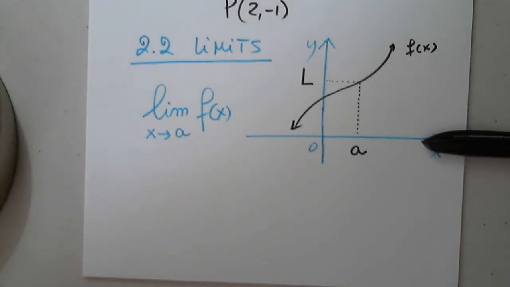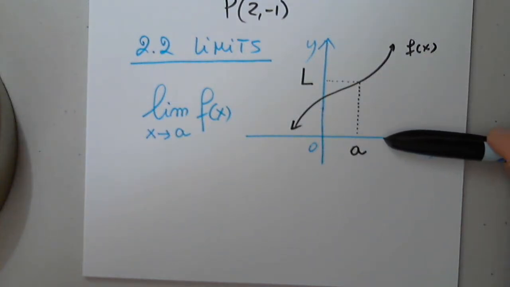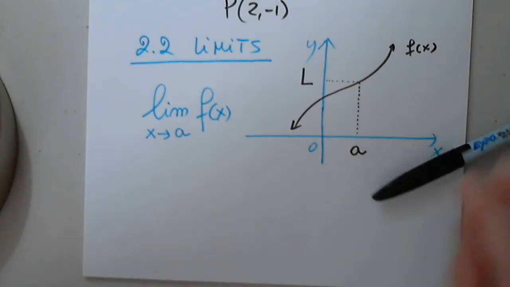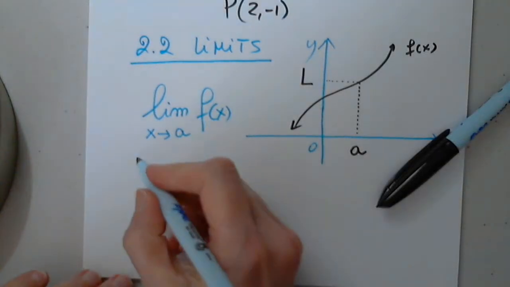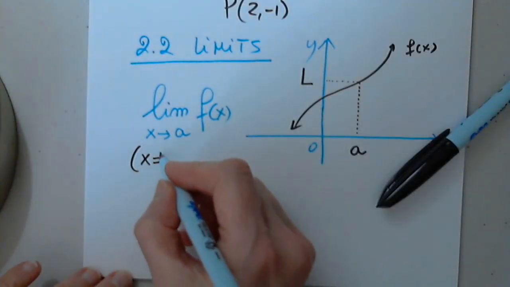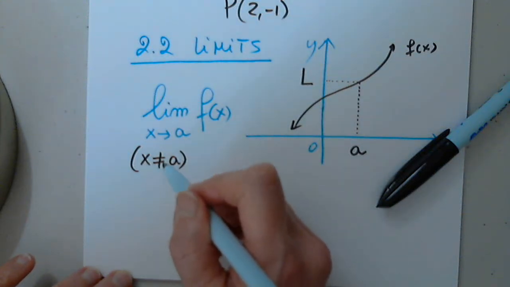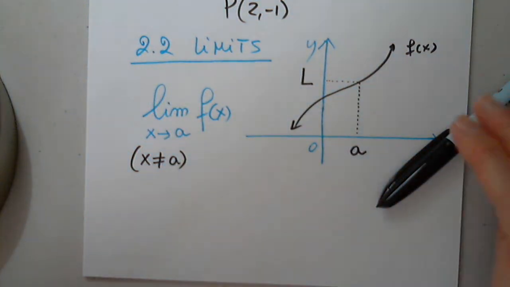Okay, so let's say I come from the right-hand side of A with numbers greater than A. So I come closer and closer and closer to A. Obviously this is very clear, we don't have to write it, but I'm going to write it a couple of times. When we say X approaches A, we mean X does not equal A. So stay with me, please.